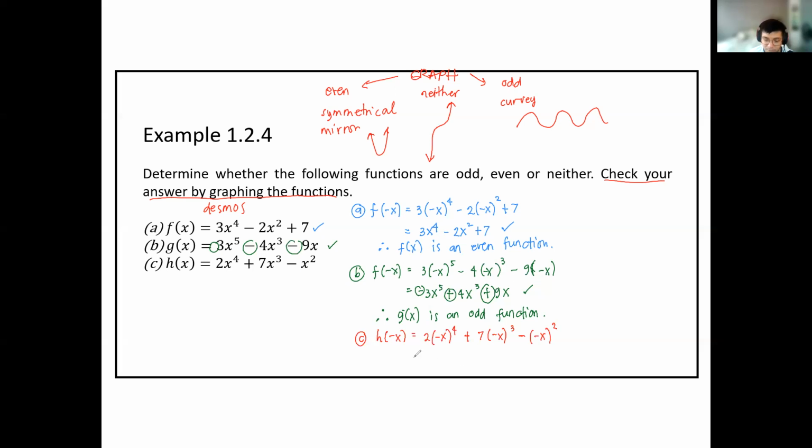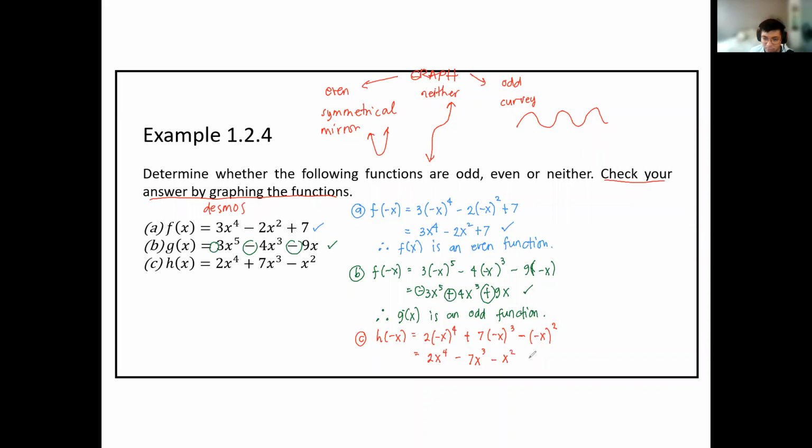So the first one is still positive, so 2x to the power of 4. Okay, so next is negative x cubed. So this is going to be negative. So minus 7x cubed. And then the other one is still minus x squared.